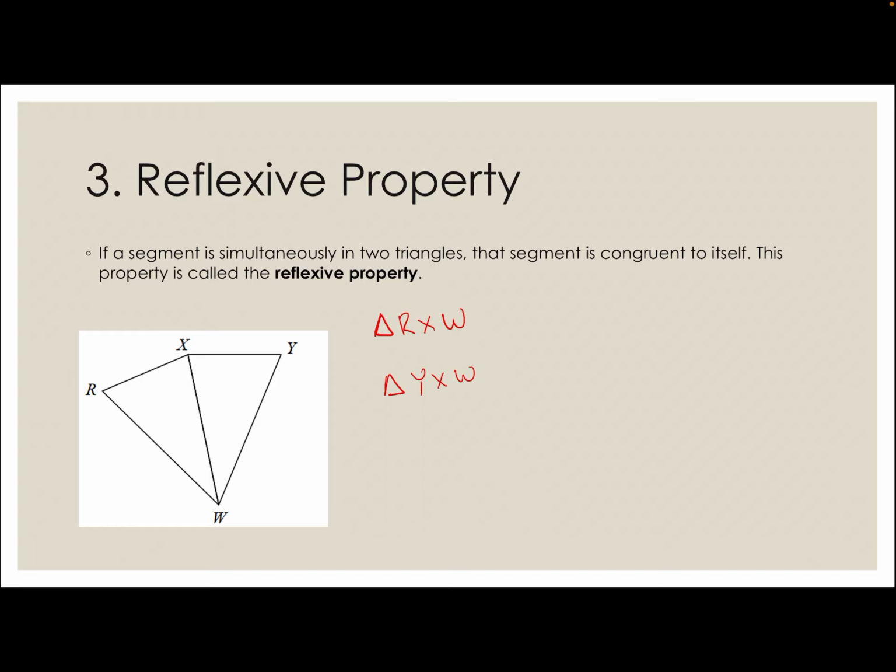We can see that this side XW is in both triangles, so we're going to put a single mark to mark it congruent to itself. The reflexive property will look something like segment WX is congruent to segment WX, because that side is in both triangles. Again, reflexive property means it's congruent to itself.